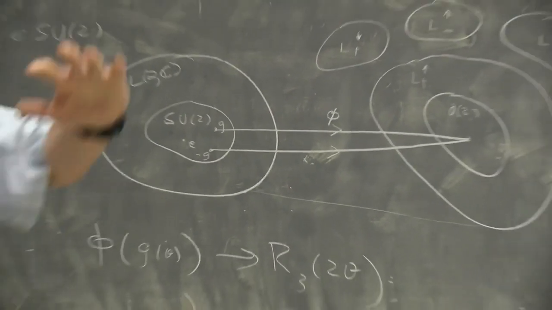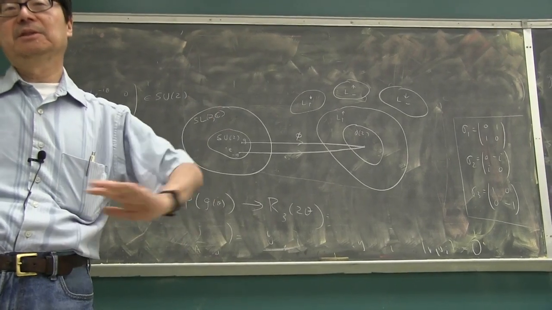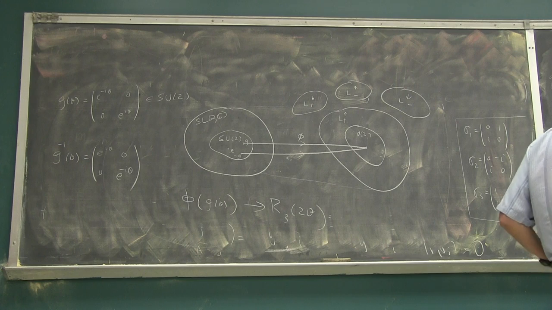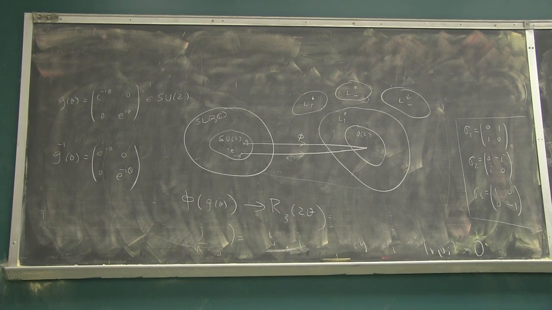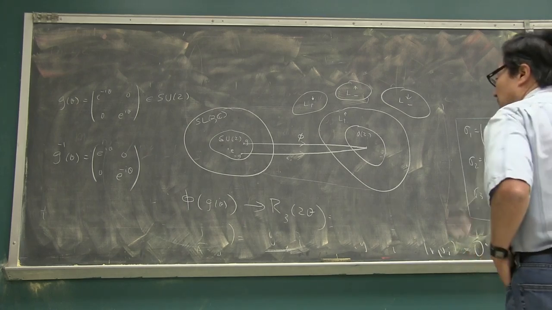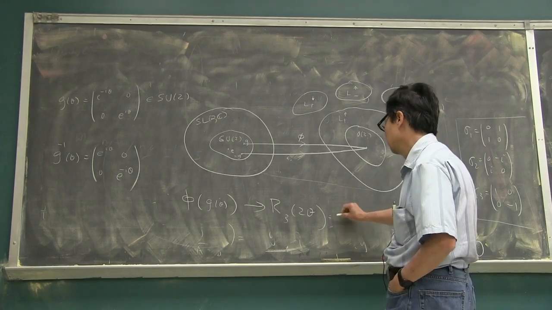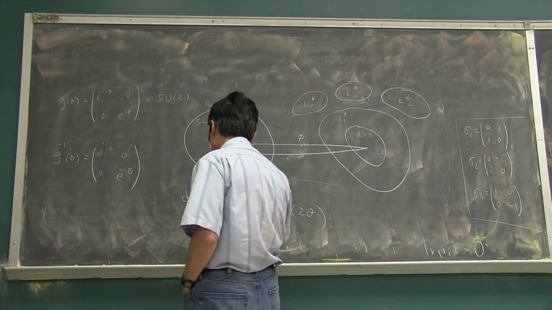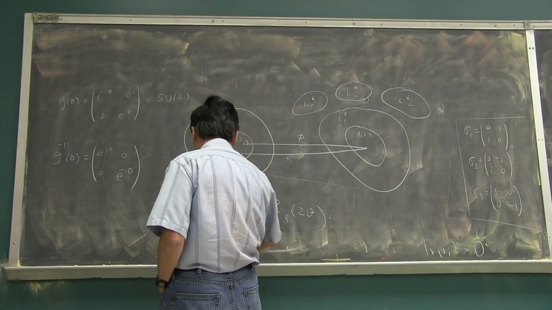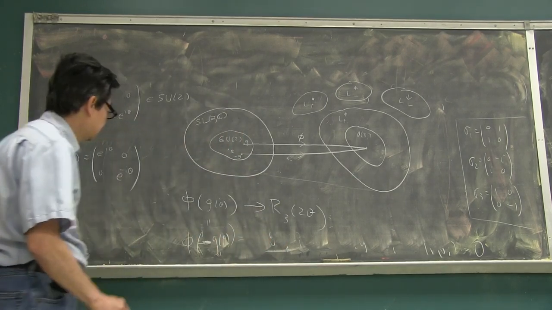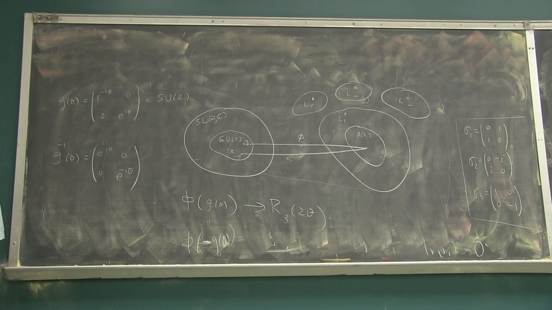If theta is here, the rotation angle is 2 theta in Minkowski space, or in the spatial subspace of Minkowski space. And of course, because we have shown this particular 2-to-1 correspondence, minus g theta also gets mapped to the same thing.